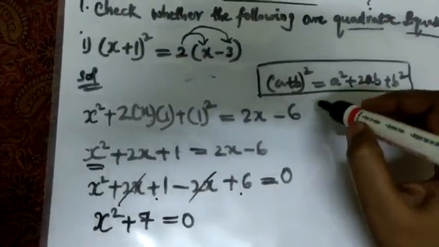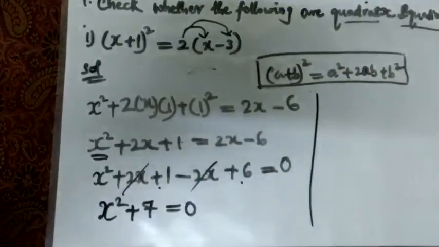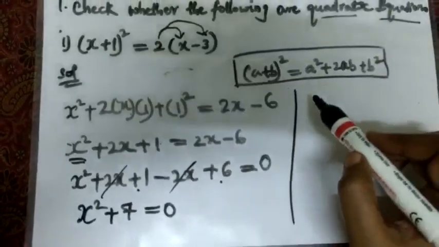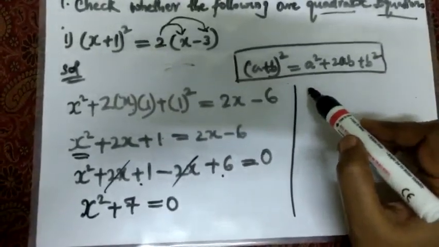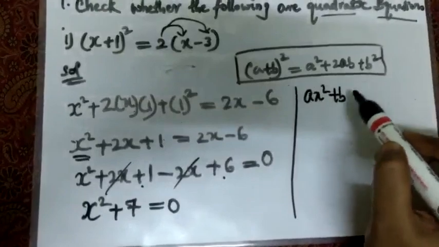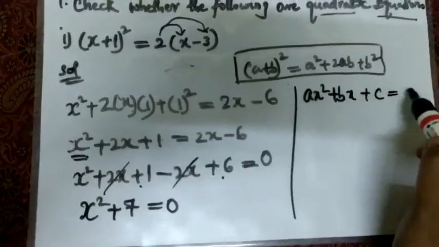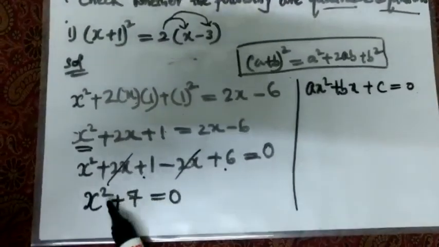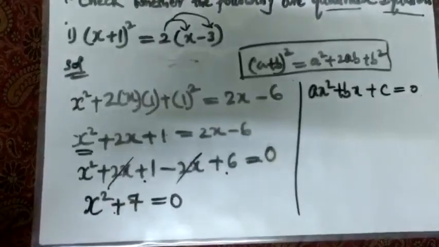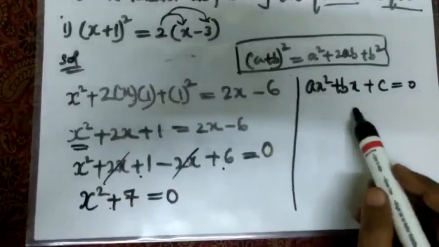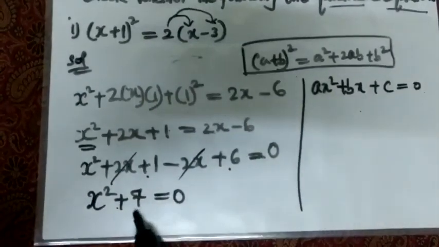There are two reasons you can give. For example, the general form of quadratic equation is ax square plus bx plus c equals to 0. You can say this equation is in this form, so that we can say it is a quadratic equation. Now you must be surprised, ma'am, there is no x term here.